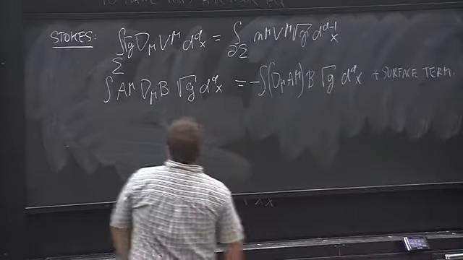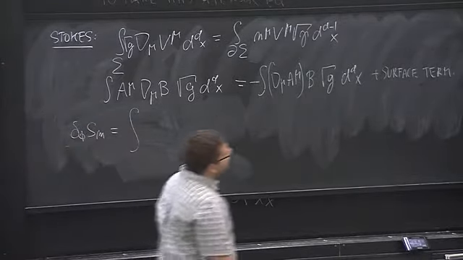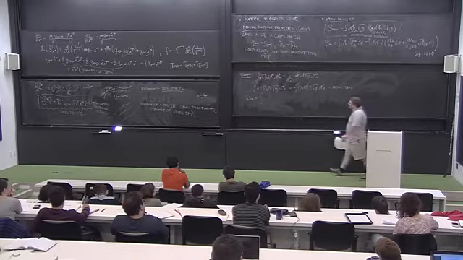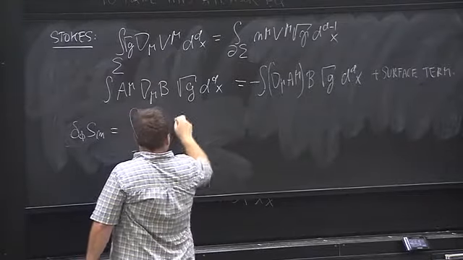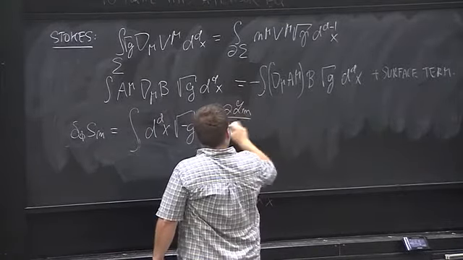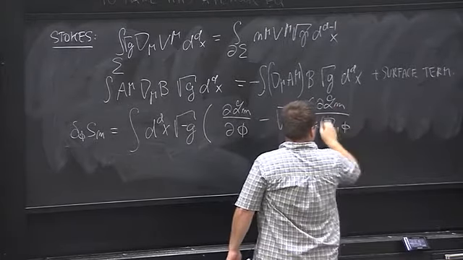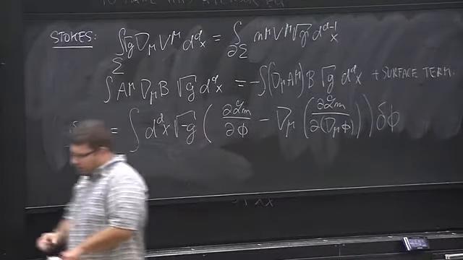And if you integrate by parts, then our delta phi of S_m is simply, well, I'm just moving the derivative nabla_mu from delta phi onto the derivative dL_m over d nabla phi. And so I have the integral d^dx square root of minus g, and the first term remains the same, dL_m over d phi, and then it's minus nabla_mu dL_m over d nabla_mu phi, times delta phi, plus a surface term.